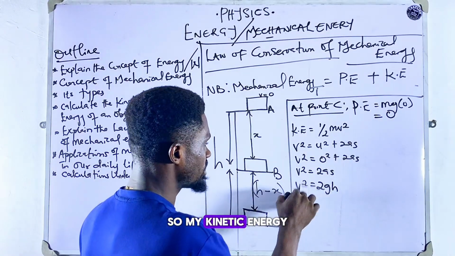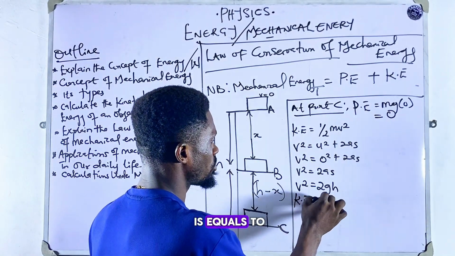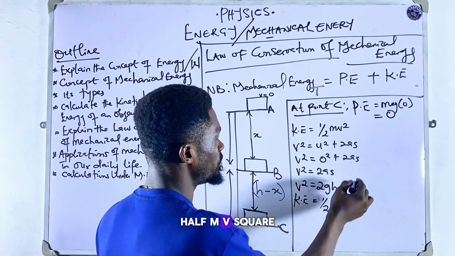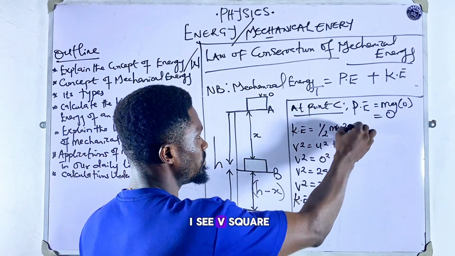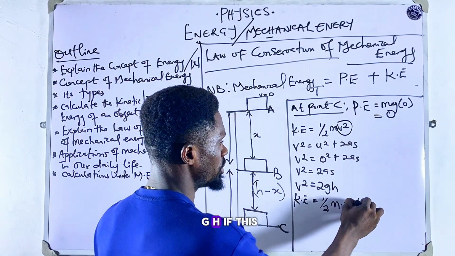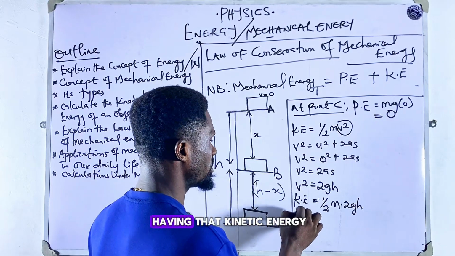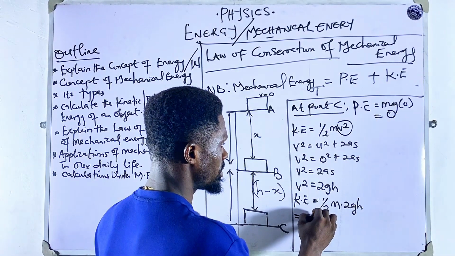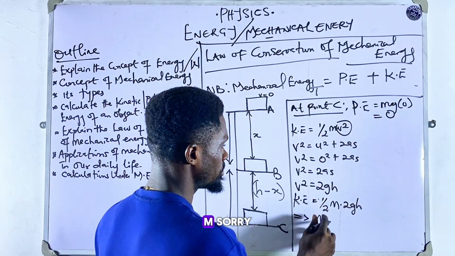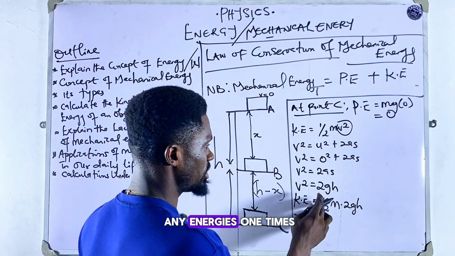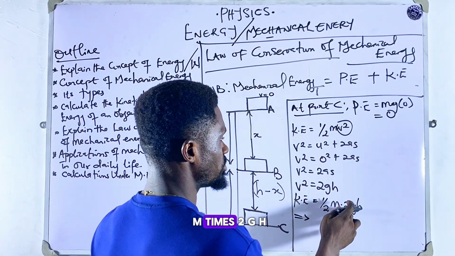So my kinetic energy is equal to half mv squared. Anywhere I see v squared, I can put 2gh. If this is the case, I'm going to have kinetic energy equal to 1 times m times 2gh.